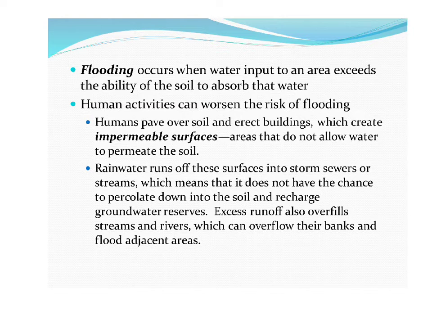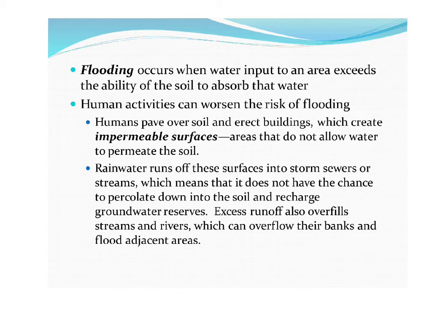Human activities can worsen the risk of flooding. Humans pave over soil and we erect buildings. When we do that, the soil is no longer permeable. Buildings and pavement create impermeable surfaces. Rainwater, instead of percolating down there, runs off the surfaces into storm sewers or local streams, which means it doesn't have the chance to percolate down into the soil and to recharge groundwater reserves.